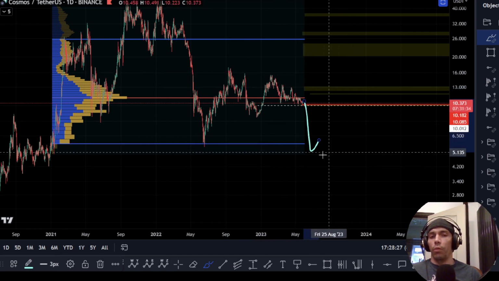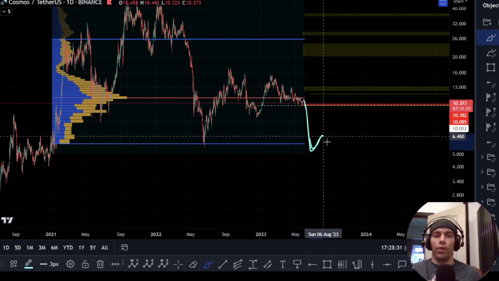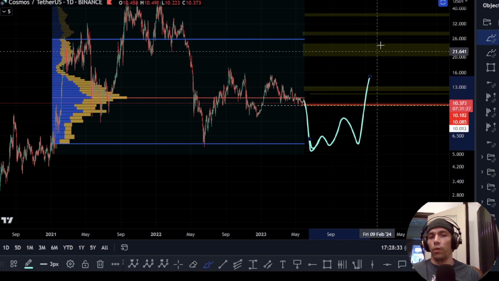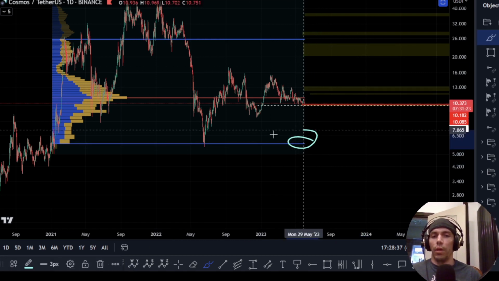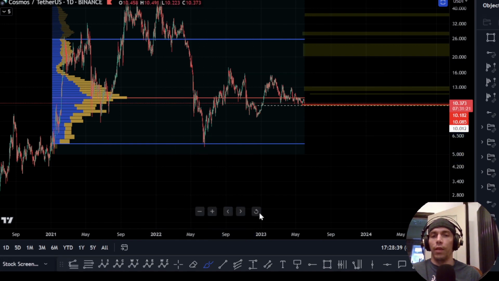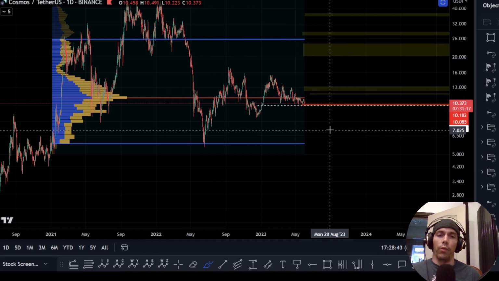So we need to just be aware that if we do take this low, what we could then see is that potential for a reversal, finding support on this, and then looking to move away. So this would make a lot of sense as well to me, actually coming back down, taking the liquidity out of this zone, and then looking to actually push up from this point.